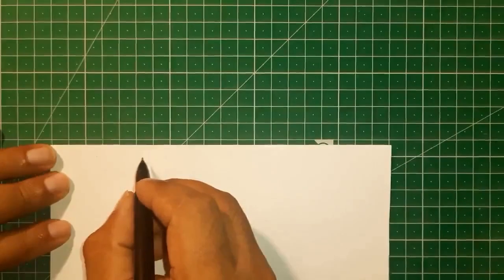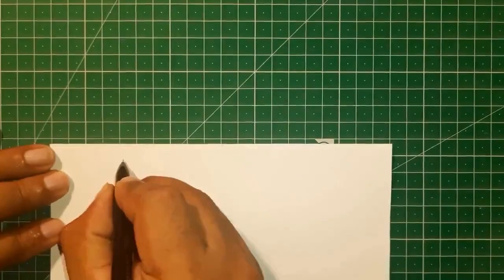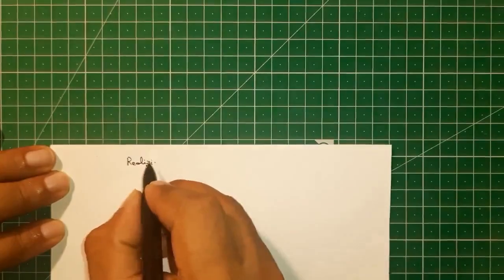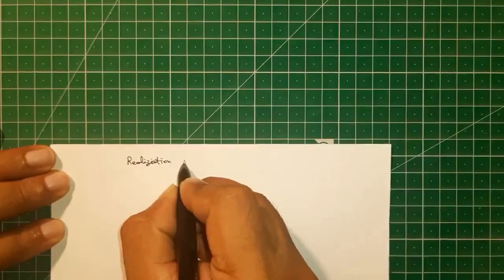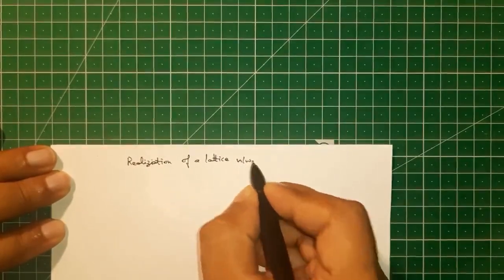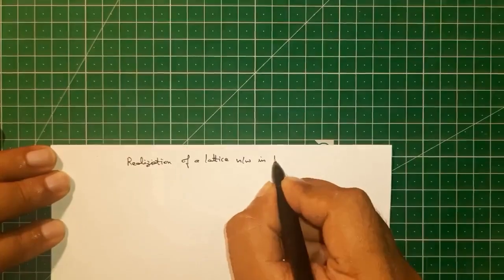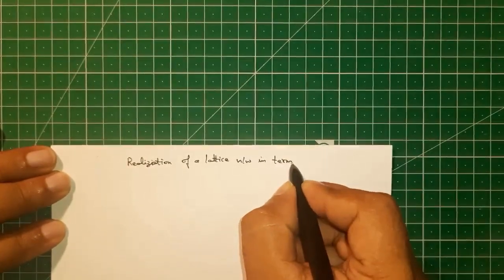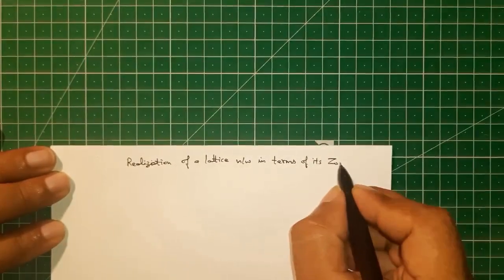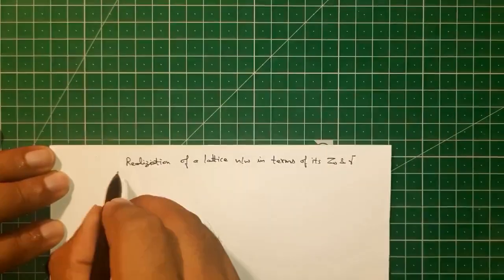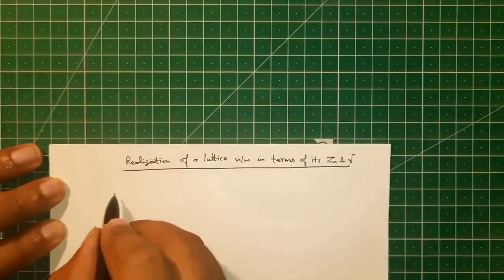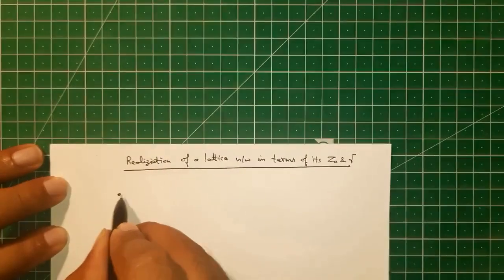Now the last topic that we are left with for this lecture is realization of a lattice network in terms of its characteristic impedance Z0 and propagation constant gamma. So we have the lattice network.